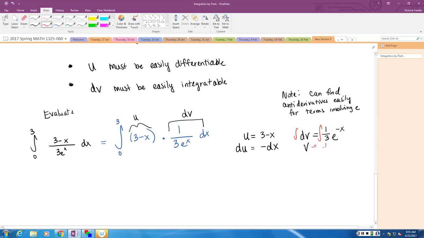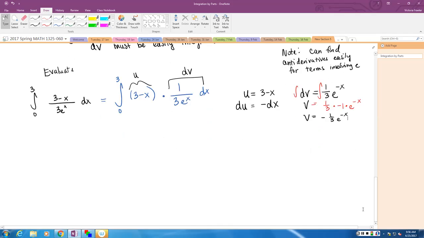So I've got this 1/3 times -1 times e to the negative x, and I can rewrite that as -1/3 e to the negative x. It normally has the plus the constant, but we realize at the end the constant plus a constant is another constant.